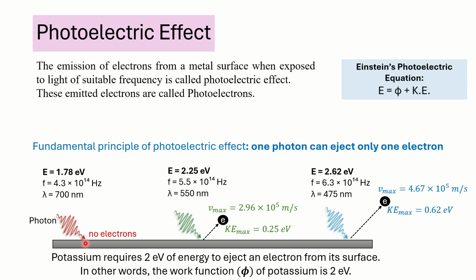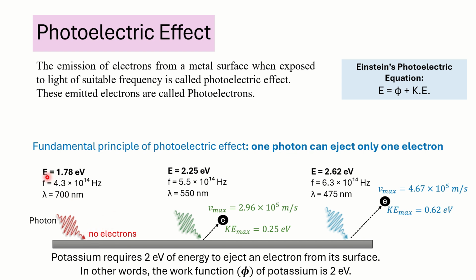So if we supply 2 electron volt of energy, only then can we remove an electron from this surface. Remember the key idea here: one photon can eject only one electron. So let's take only one photon here. Let's start with the red photon. It has energy of around 1.78 electron volt, whereas the work function of this potassium is 2 electron volt.